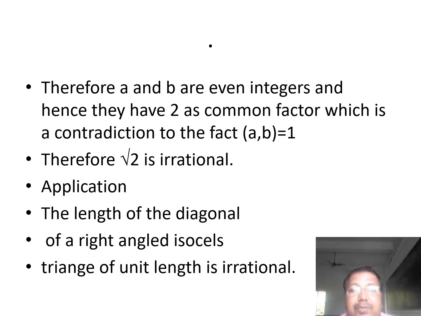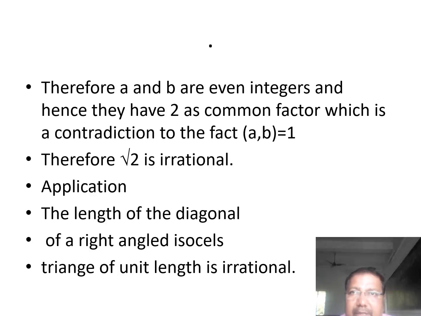Suppose you know the definition of an irrational number and some results, you can apply some ideas and solve some problems like this. The length of the diagonal of an isosceles triangle of unit length is irrational. If we take a right-angled isosceles triangle of unit length, then the two sides are 1 unit and 1 unit.